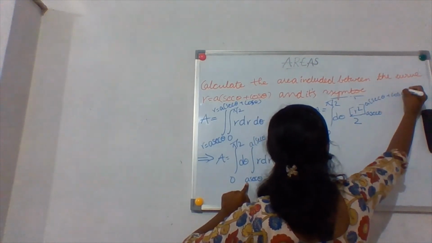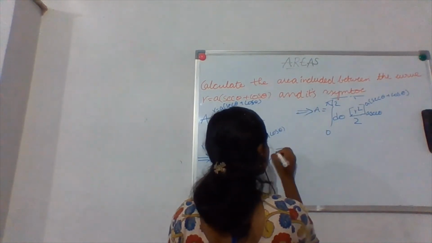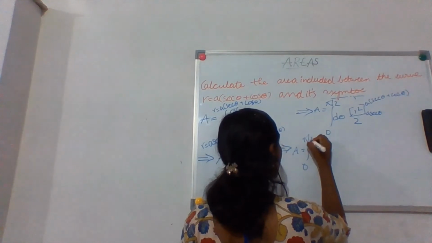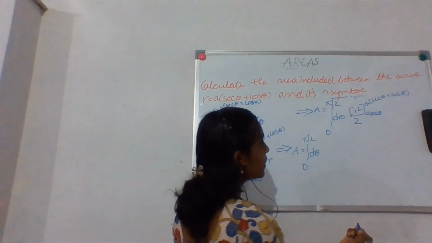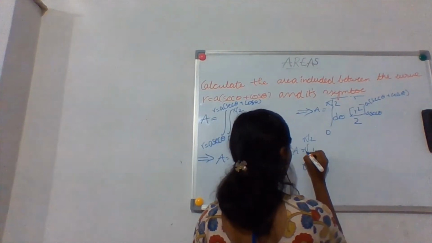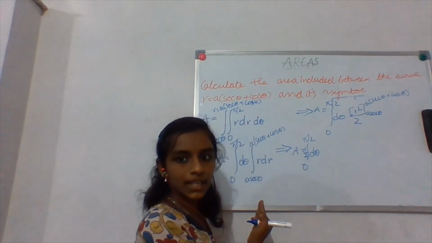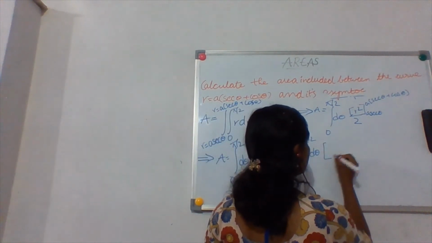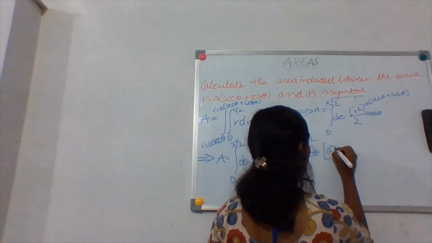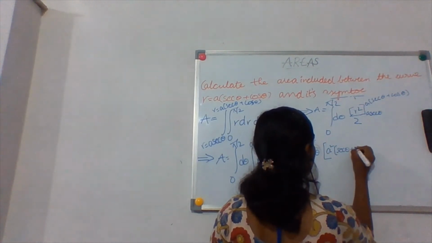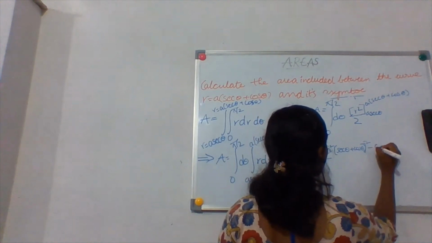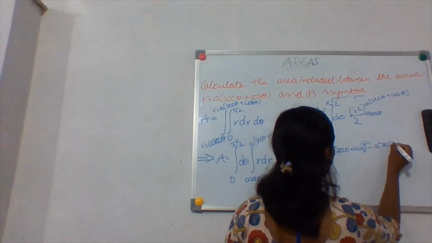Am I right? Yes. So now solving it further, A equals the integral from 0 to pi by 2 of d theta into 1 by 2. It is a constant, so I am bringing 1 by 2 outside. And this will become a square into secant theta plus cos theta whole square minus a square secant square theta, right?